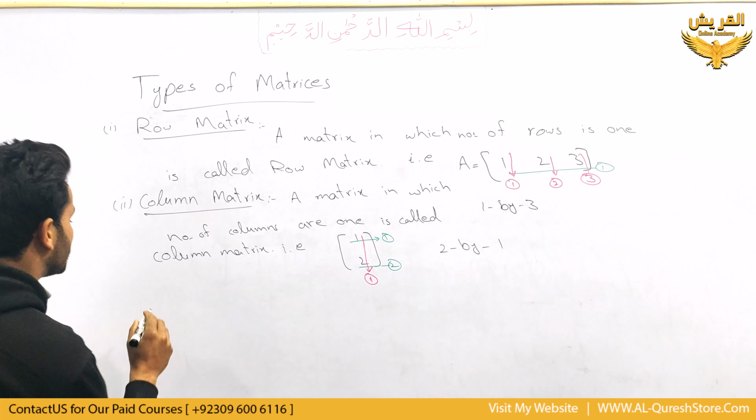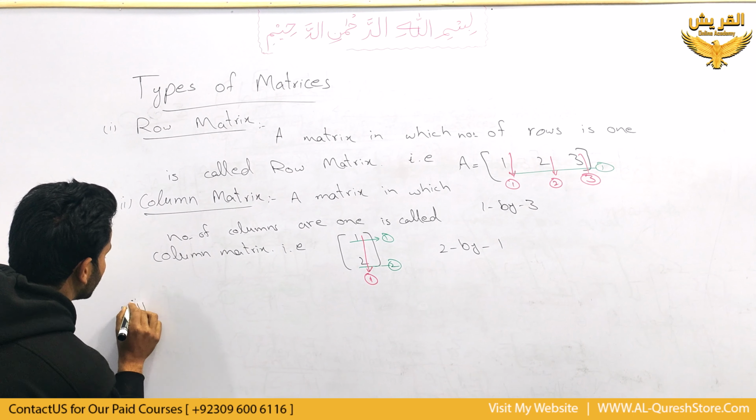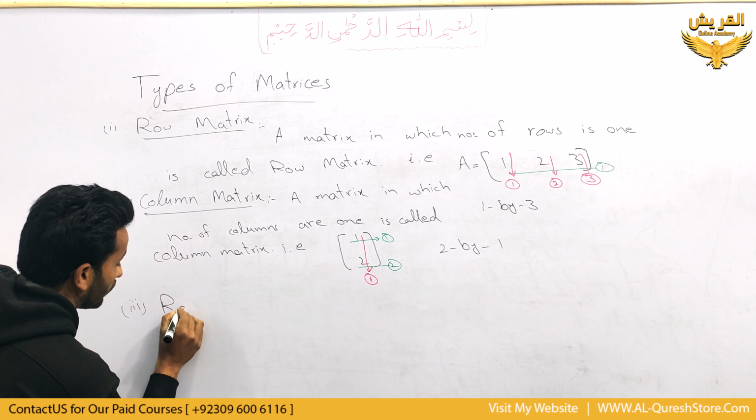Next, the third type of matrix is rectangular matrix.